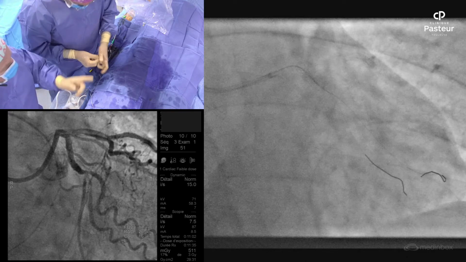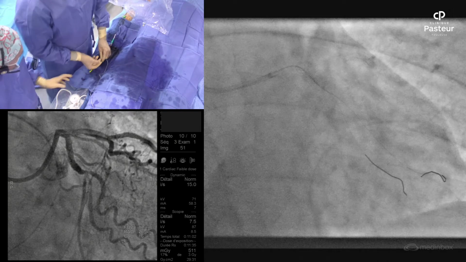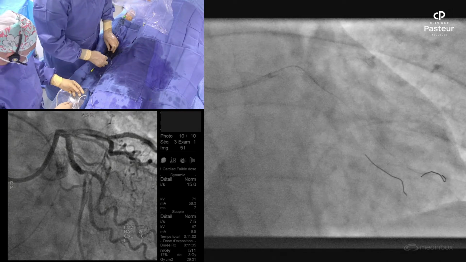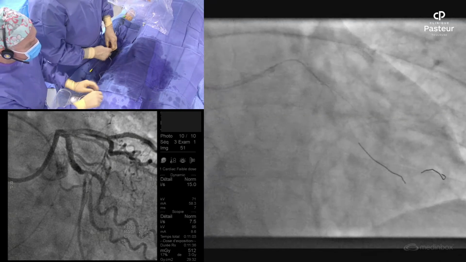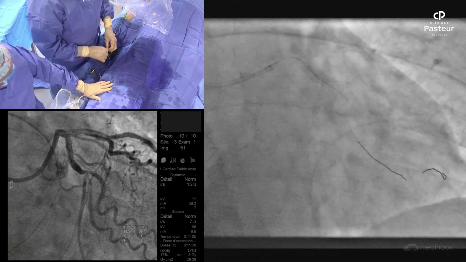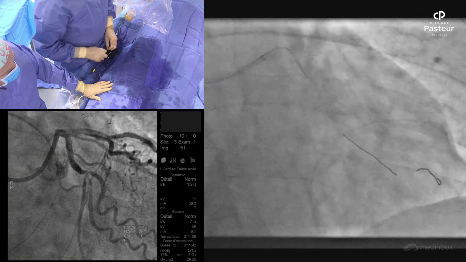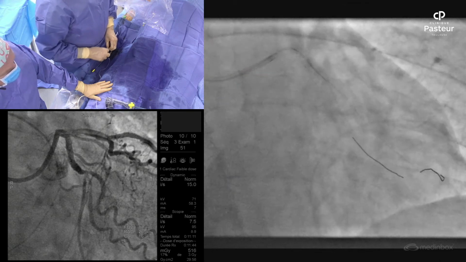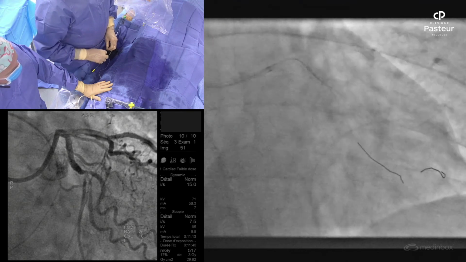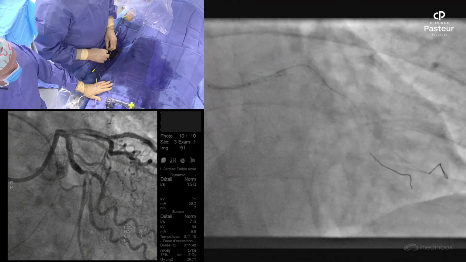What will be important is when we cross the ostium with the stent. For the ostium, what I will do is to remove a little bit the guiding catheter in order to avoid too acute an angle, and then we will advance slowly.